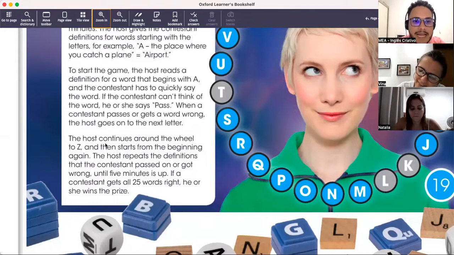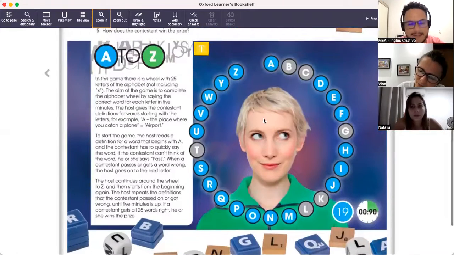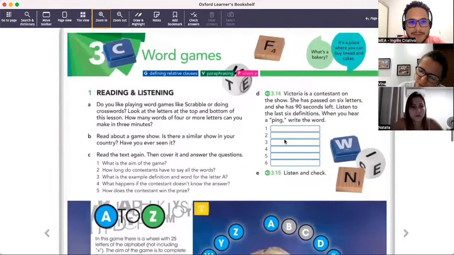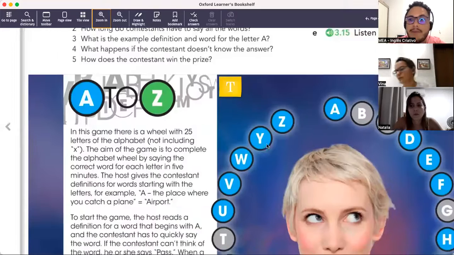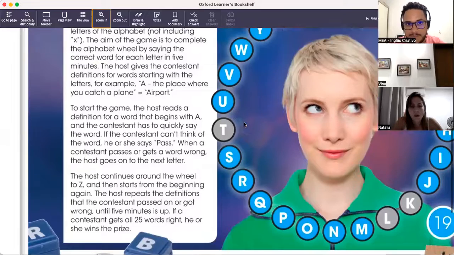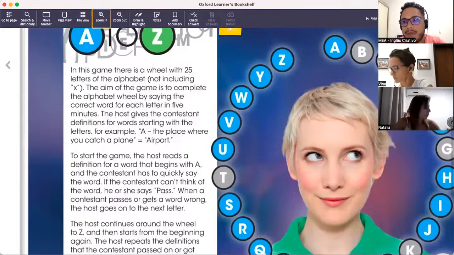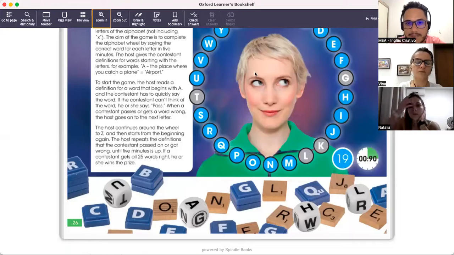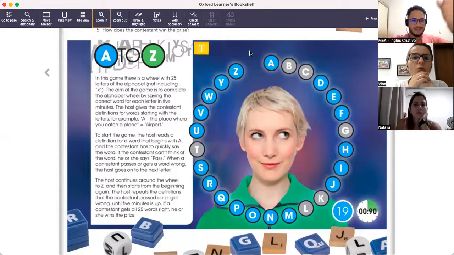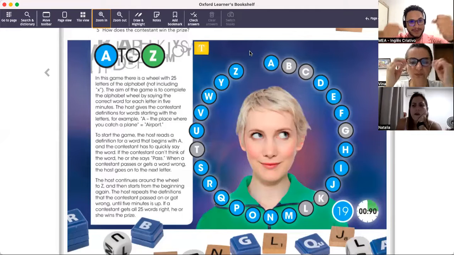Okay, so Nati, I want you to pay attention in this lesson because it's a very nice lesson, as I told Divine. It's going to be more like a game. We're going to be playing a game. Of course, the game is related to words in English. For example, we have this wheel here. Pay attention, guys. What's the name of this? Wheel. Remember that cars also have a wheel.